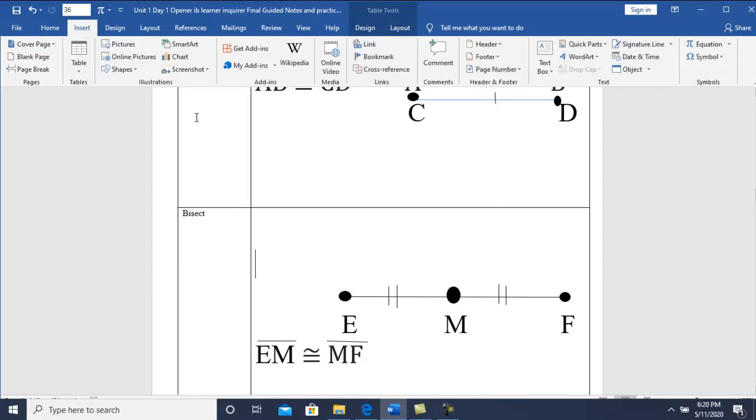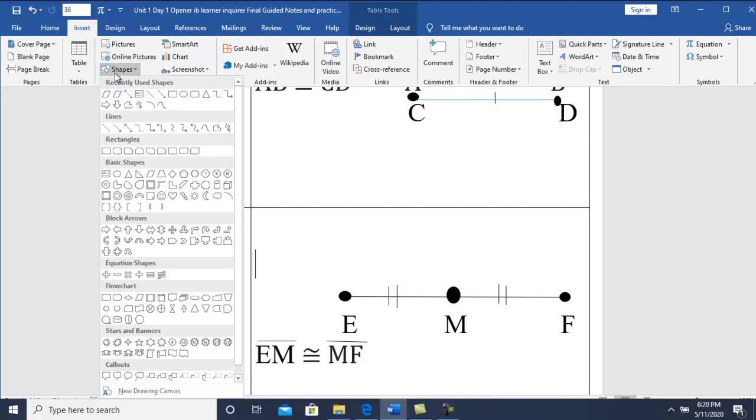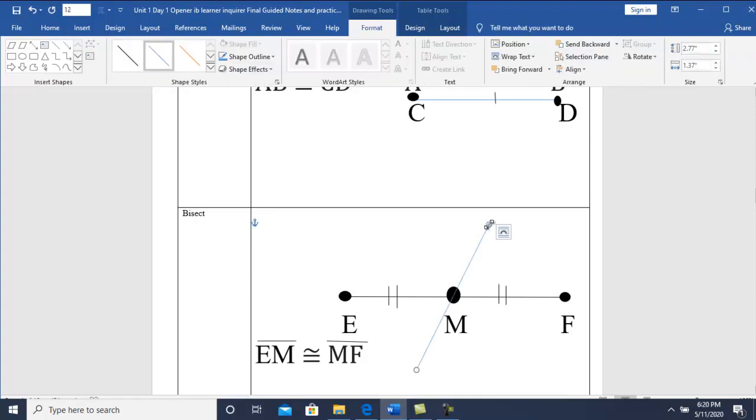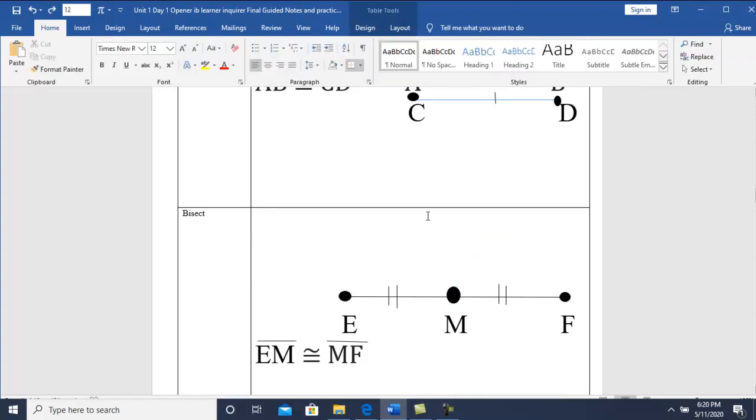For example, let's draw a line here, just to illustrate an example.